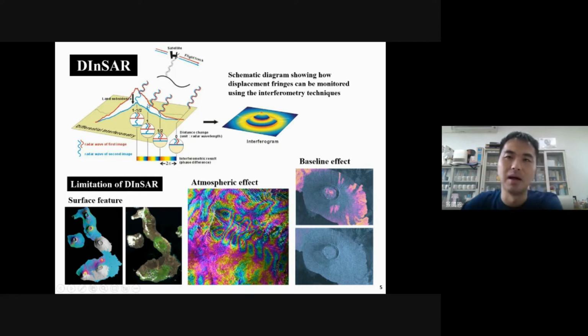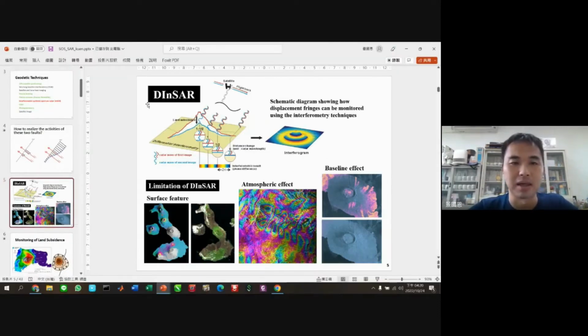But if we talk about the volcano, what kind of reason causes this subsidence in this case?